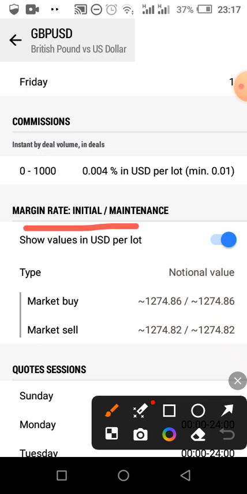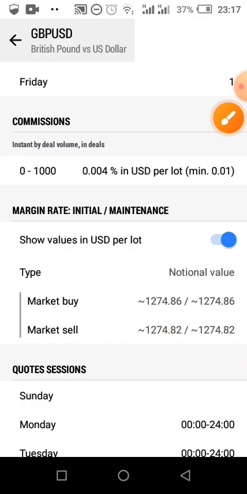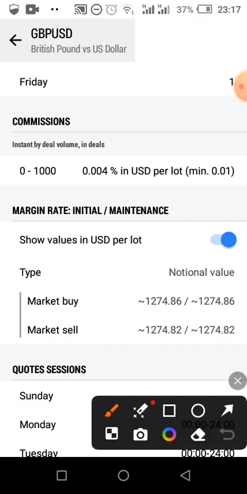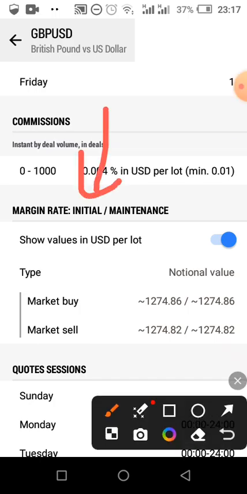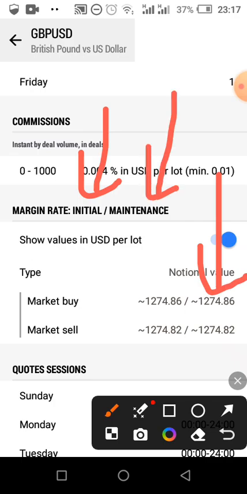Since margin rates are shown in US dollars per standard lot, here it will be $1,274.86 for the initial margin, and then also $1,274.86 for the maintenance margin, because remember, it's US dollars per lot.